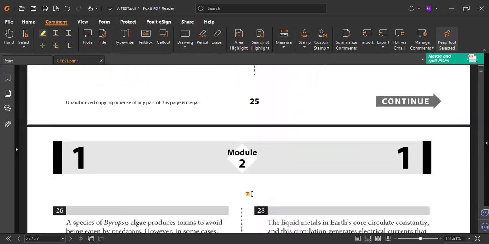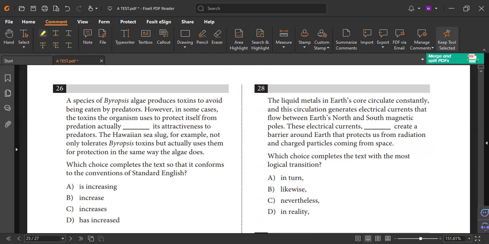And 26. Yes. 26, what's yours? It's D. 26 wrong, it must be letter B.